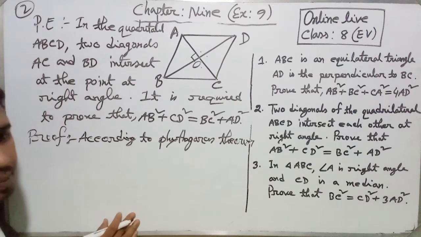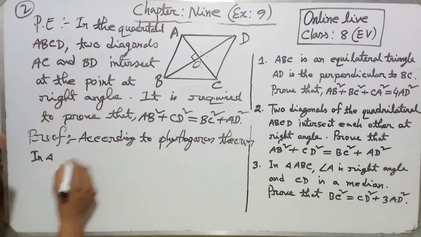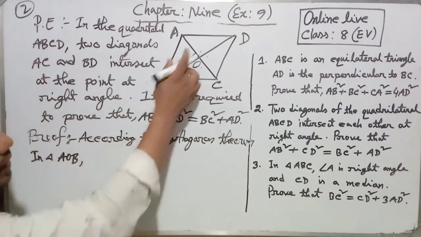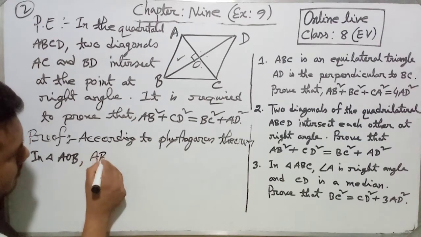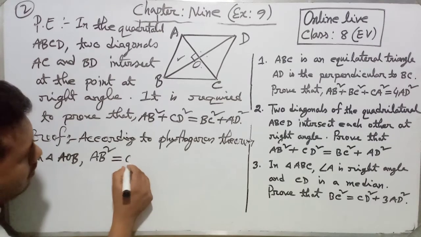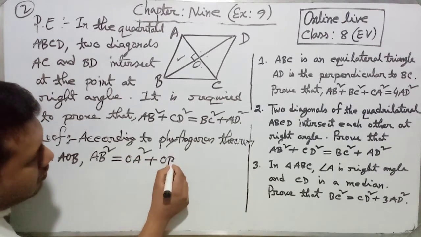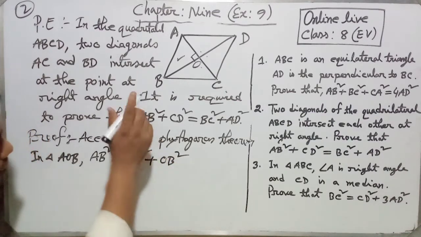So according to the Pythagoras theorem, in triangle AOB, we can write AB square equal OA square plus OB square.